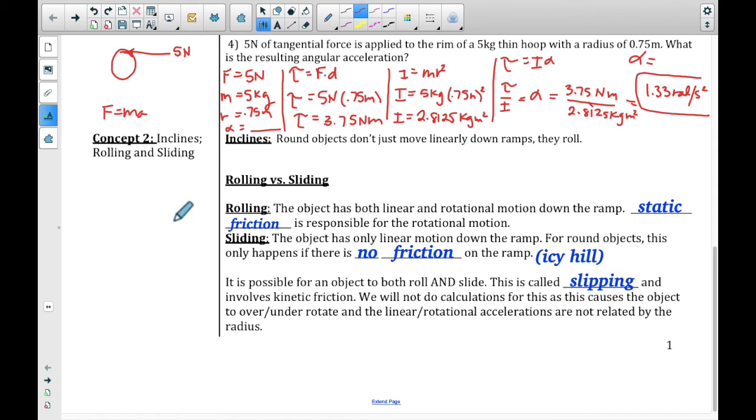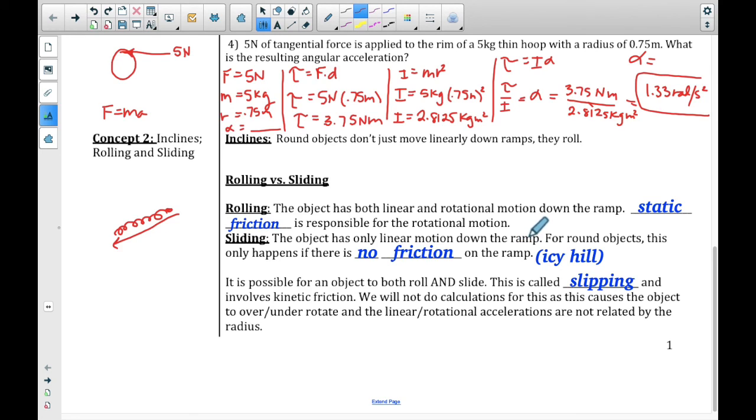Static friction is what's causing it to rotate. If it didn't have any static friction, then it would be like ice, and in that case, it would slide down the hill.